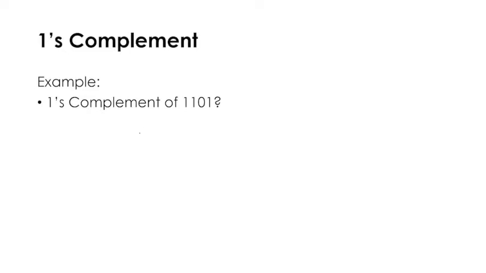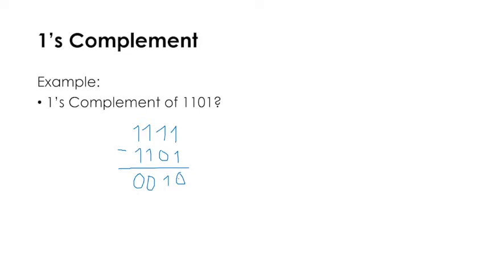So let's try the first method, the subtraction from ones. There are 4 ones, because we have 4 bits. So we will subtract 1101. 1 minus 1 is 0. 1 minus 0 is 1. 1 minus 1 is 0. 1 minus 1 is 0.